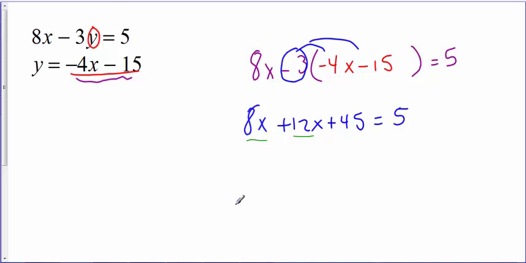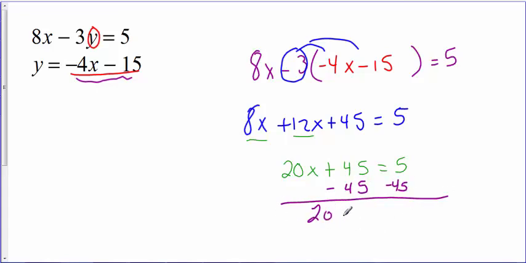They are like terms, so when we have like terms on the same side, we combine them. That gives me 20x plus 45 equals 5. Now, we can move our number to the other side. So 20x equals negative 40.